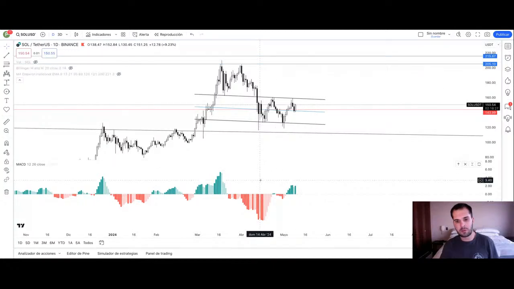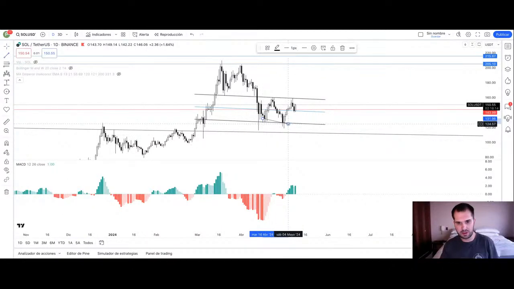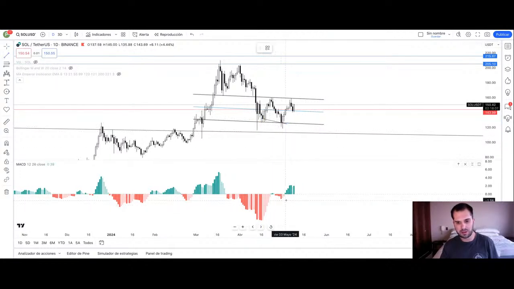And also, Solana had this bullish divergence on the MACD histogram. If you measure it from candle close to candle close here, because if you measure it from the wicks, you don't have it, I think. But if you take candle closes, this would be a bullish divergence in the MACD here.